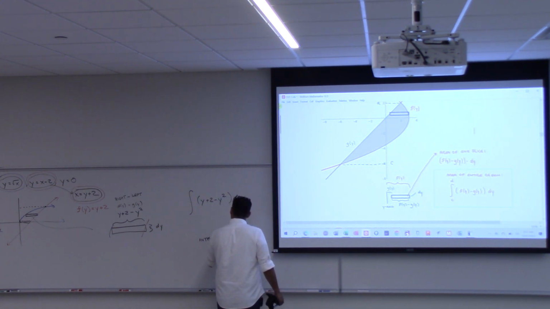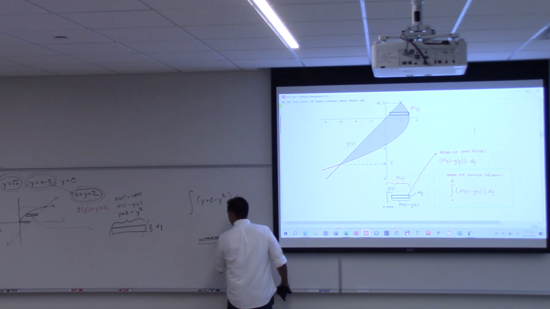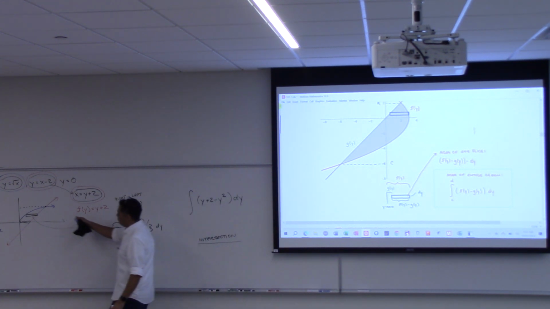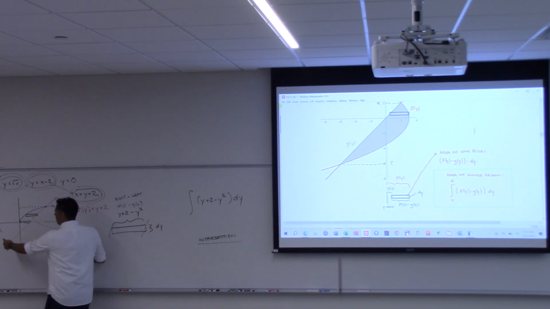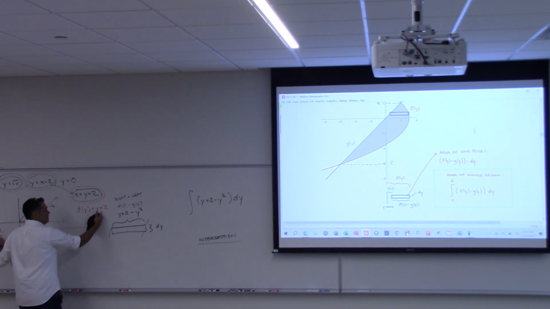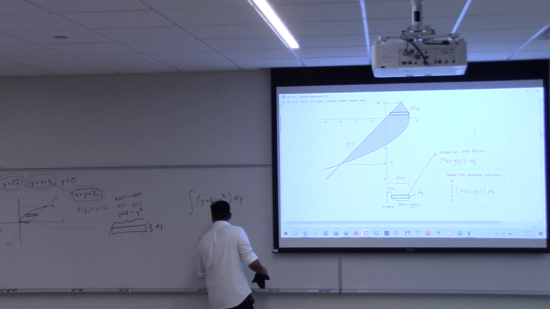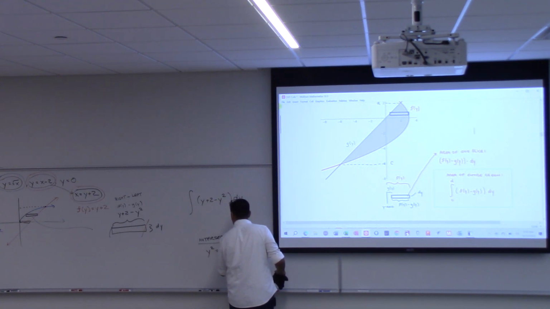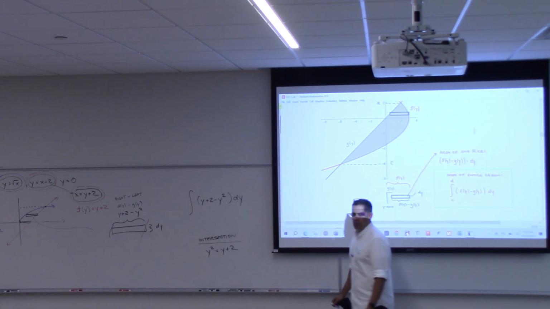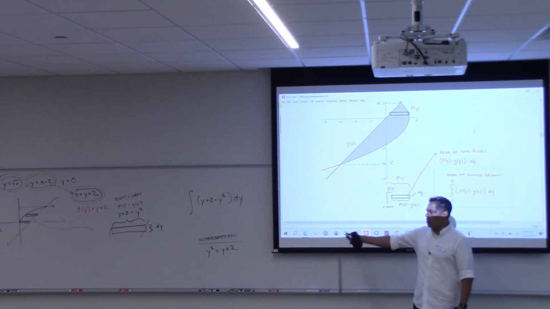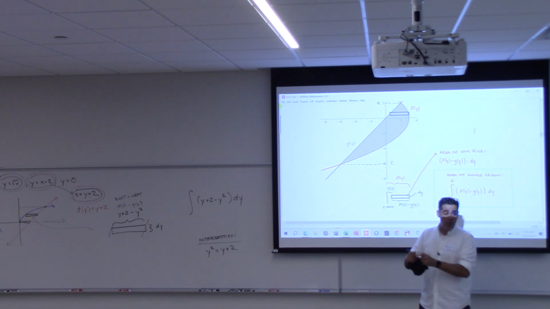How do we find the intersection? We set the blue and the red equal to each other to find that, right? Here's the blue, here's the red. Set these equal. y squared must equal y plus 2. That's a quadratic. See, it's a quadratic in terms of y, right? We're trying to solve for y, not x.